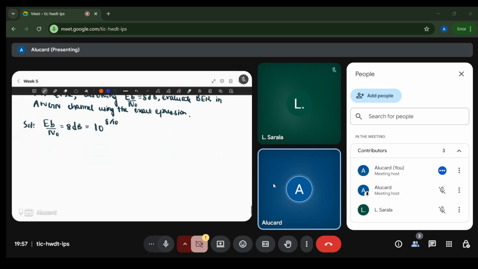So you find that. Then for QPSK in the AWGN channel, the bit error rate is simply given by Q of root of 2 EB by N naught. So you can substitute the value of EB by N naught and you can use the online Q function calculators to find the value of BER.